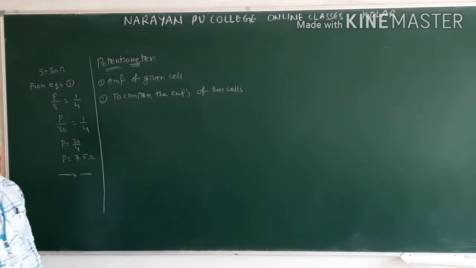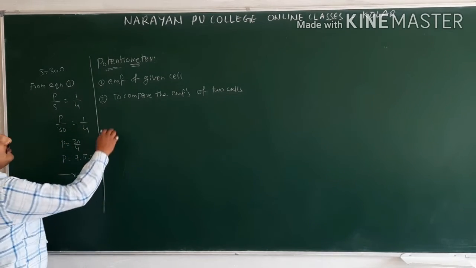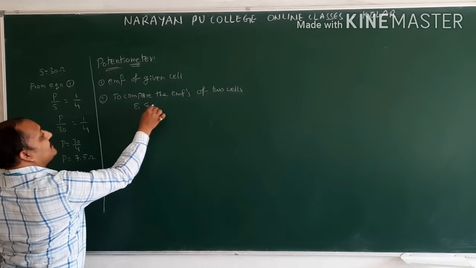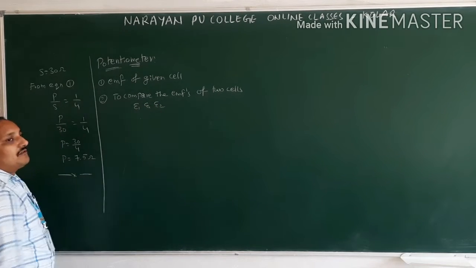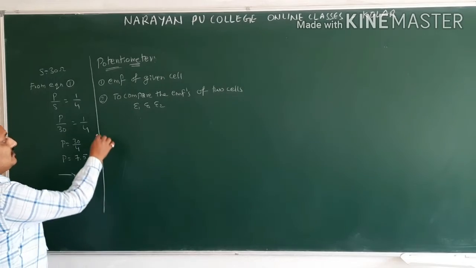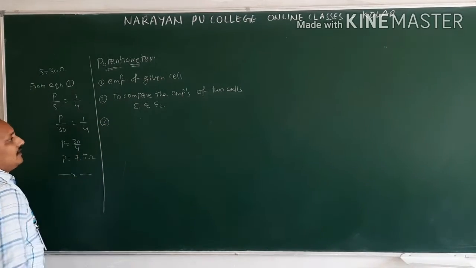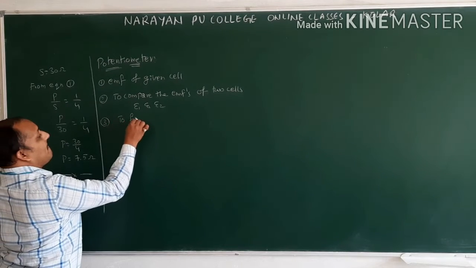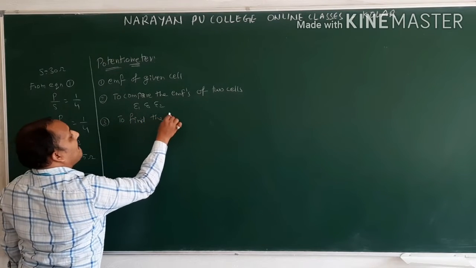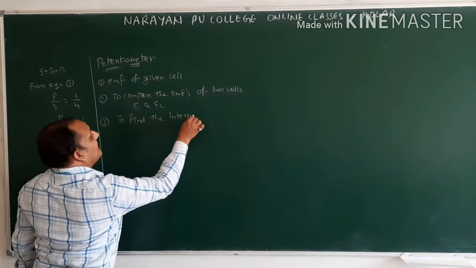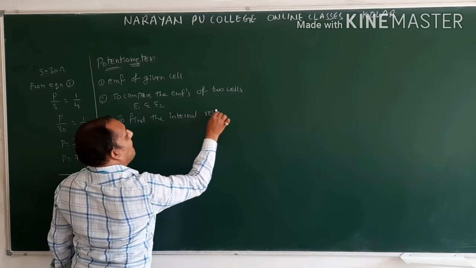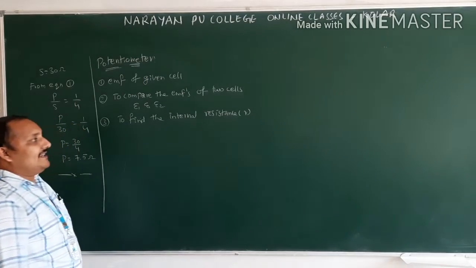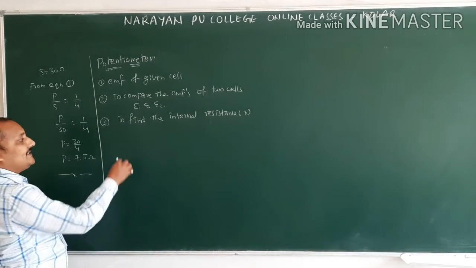Two cells, one has EMF E1 and another has EMF E2. Which is more, which is less? We will compare. Next, last one, to find the internal resistance of a cell.